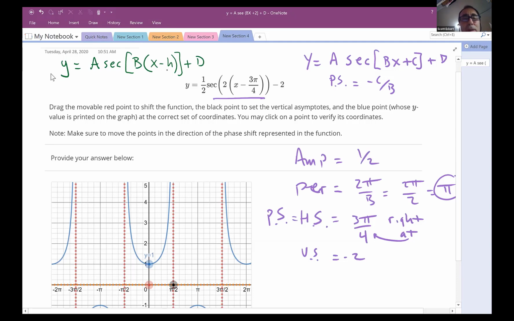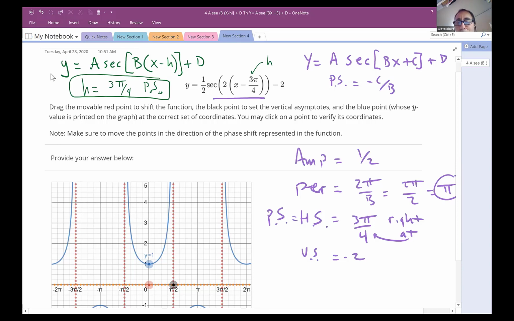Do you see the difference, Kyle, between the green one and the purple one? Yeah. So in this factored form, this is h. h equals 3 pi fourths. That is my phase shift. No work. So this format is a little bit easier in that we don't have to work for phase shift.